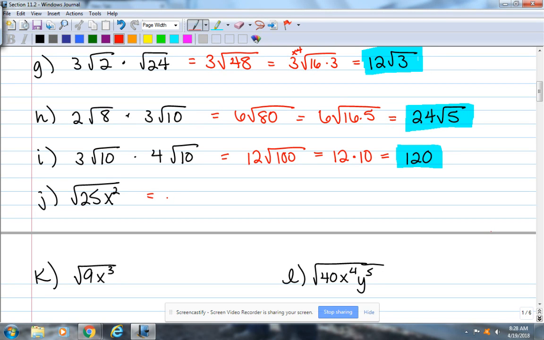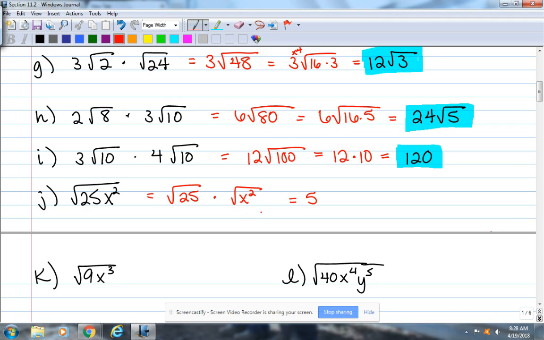So I'm going to say this is radical 25 times radical x squared. Well, it's 25. Yes. Getting there. So what's the square root of 25? It's a perfect square, so it's just plain 5.